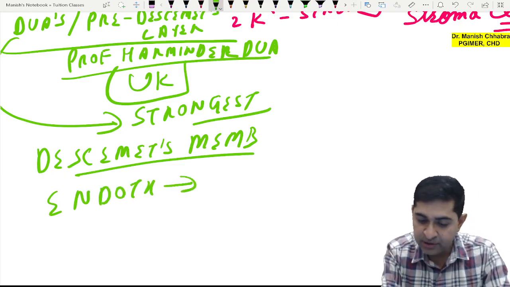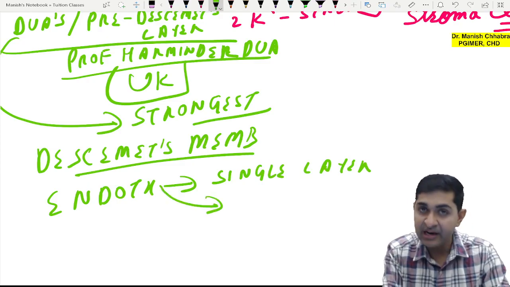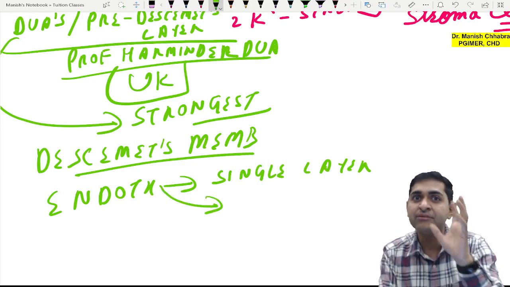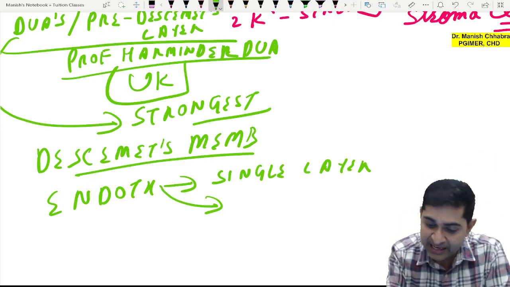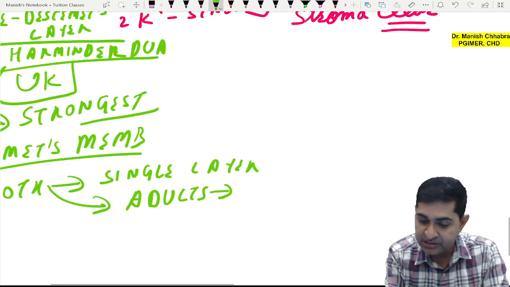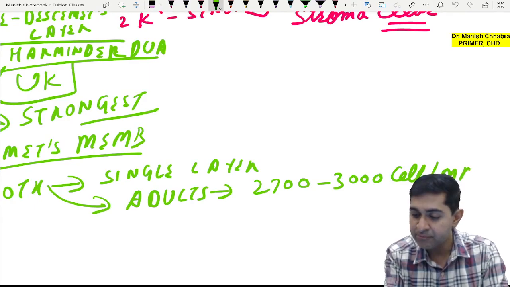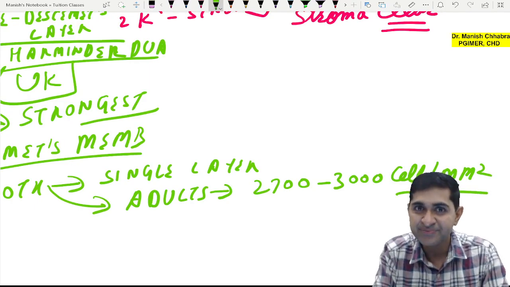Now endothelium consists of a single layer. It is a single layer, and there are endothelial cells whose density in adults is 2700 to 3000 cells per millimeter square.